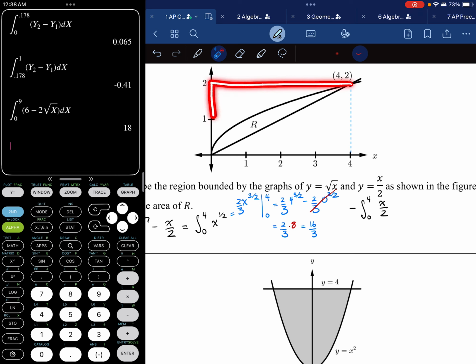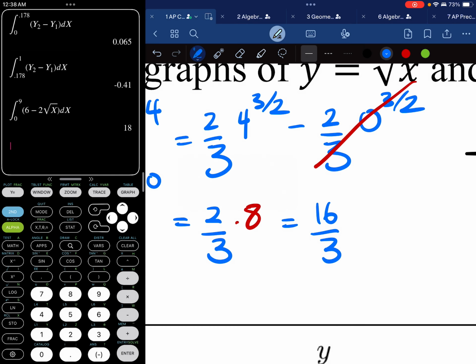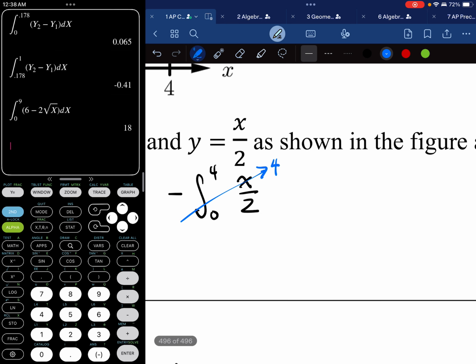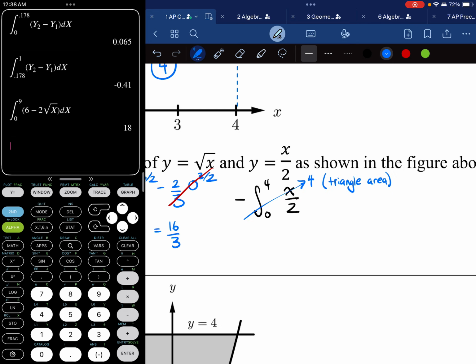If this was a rectangle, it would be 4 by 2, which is 8, but it's half of 8, which is just 4, which means I can do 16/3 minus 4. So this thing, I can cross it off and say this is just 4. And I can put a note here in case people are wondering: this is by triangle area.